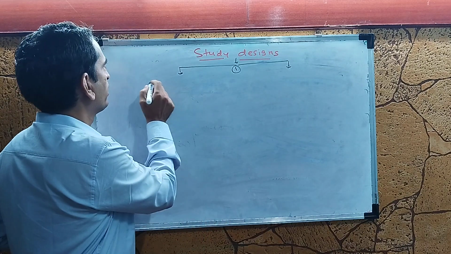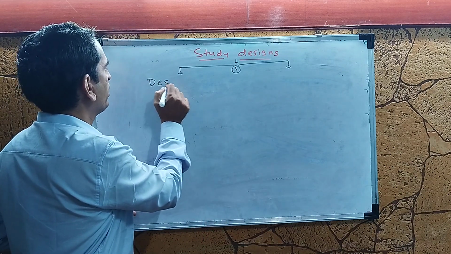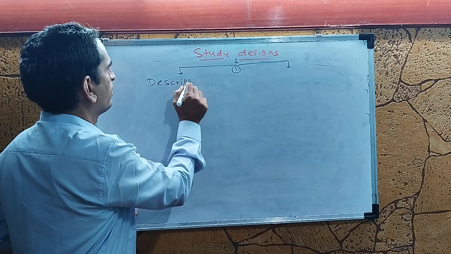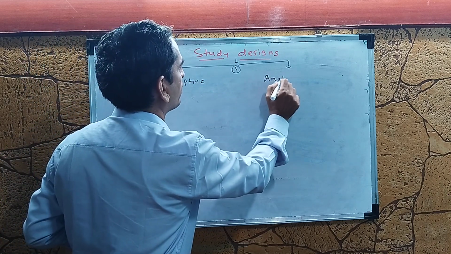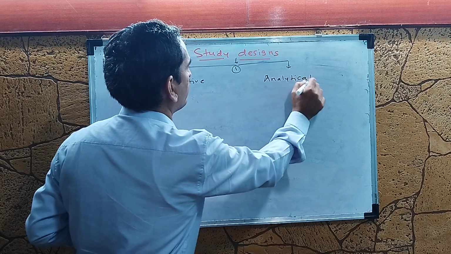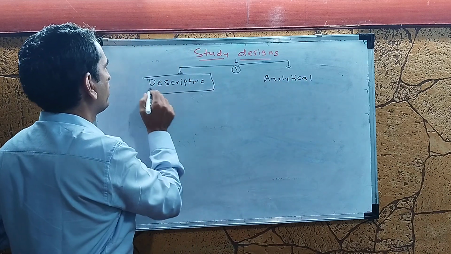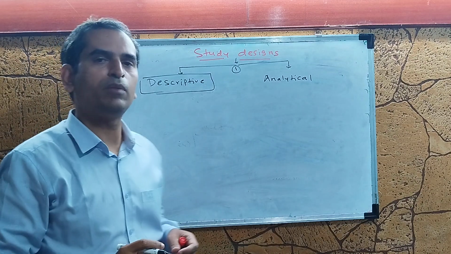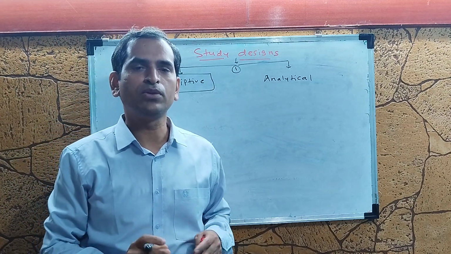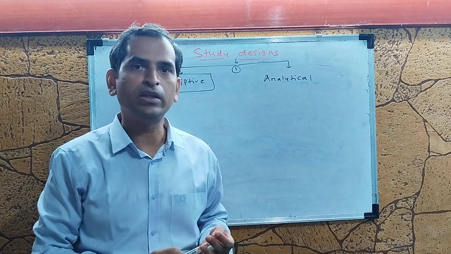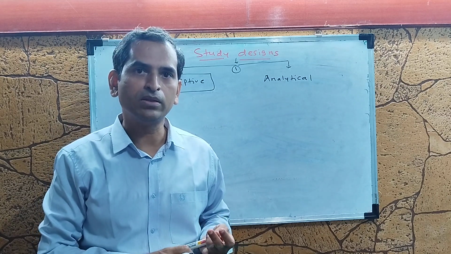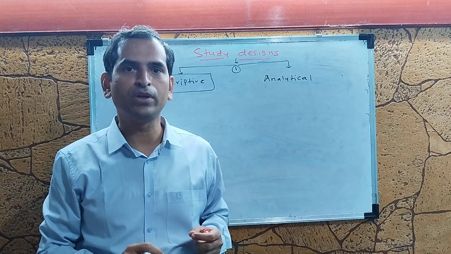Based on this, the study could be descriptive in nature, or the study could be analytical in nature. Now, as the name suggests, in a descriptive study the objective of the researcher is to describe certain phenomena. So incidence type of studies, to find out the prevalence, these are descriptive studies.